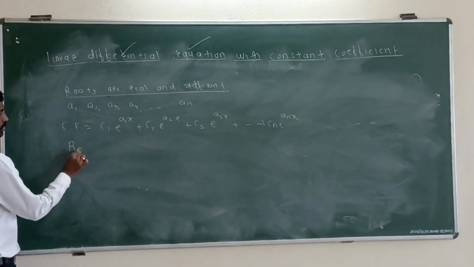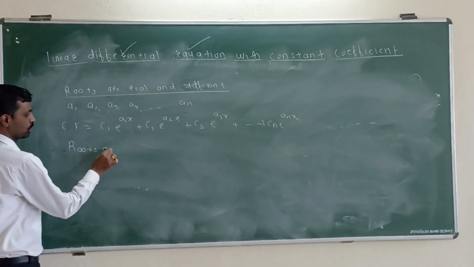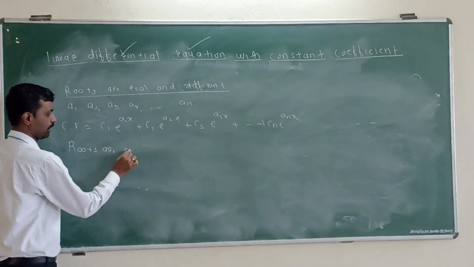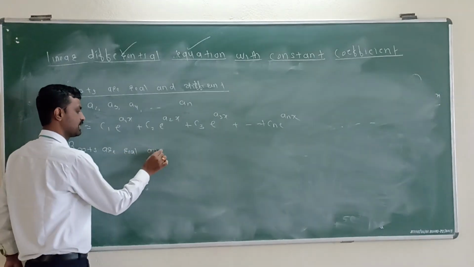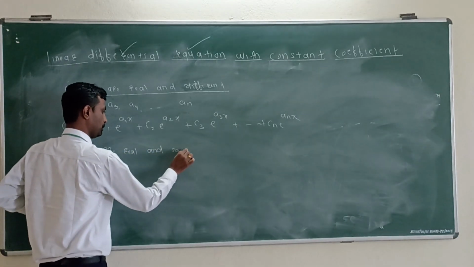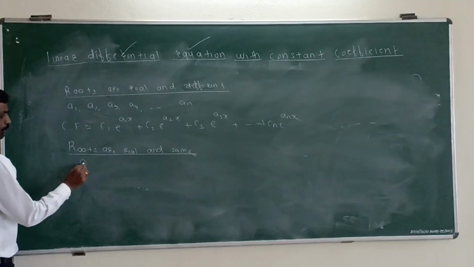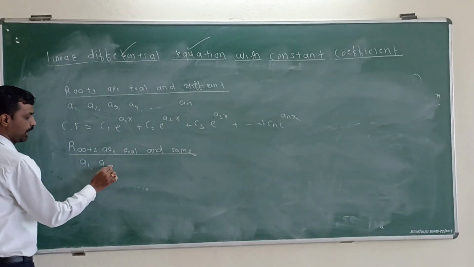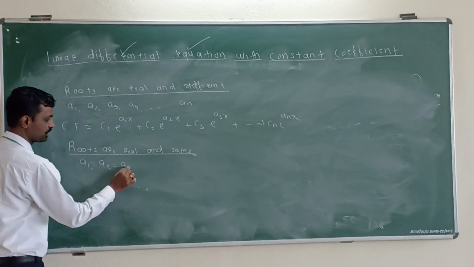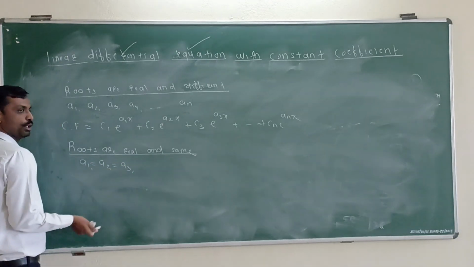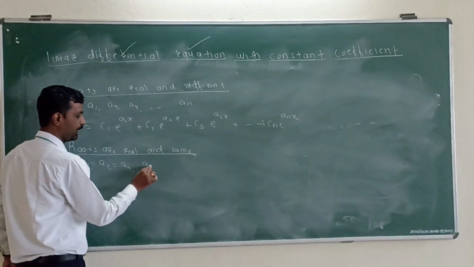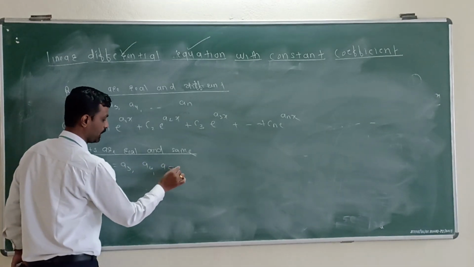Second, suppose the roots are real and same. Suppose a1 is equal to a2 is equal to a3. Three roots are the same and the remaining are different.